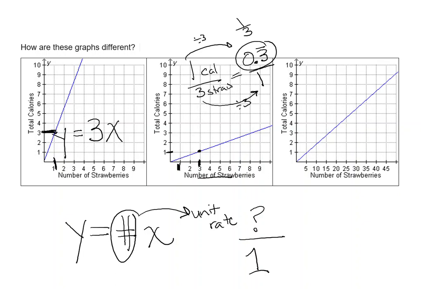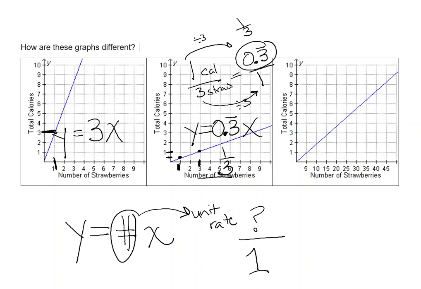So this 1 right here is paired with 0.3 repeating. So this would be y equals 0.3 repeating, or 1/3 x.